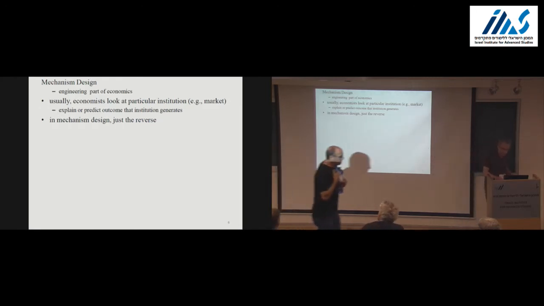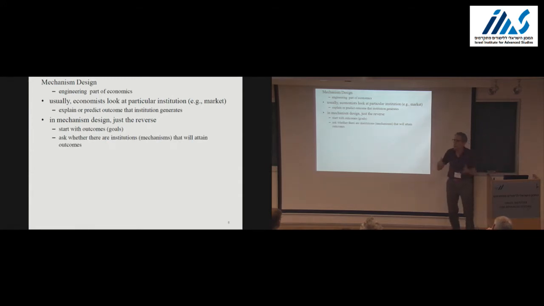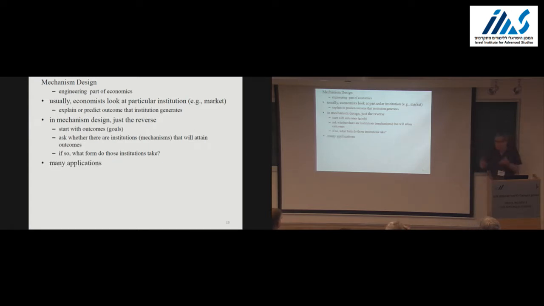That is, we start with the outcomes that we would like to have. These are our goals, and then we ask, well, are there institutions or mechanisms or games that we could create which would result in these desirable outcomes? And if the answer is yes, then we want to know what form these institutions might take.